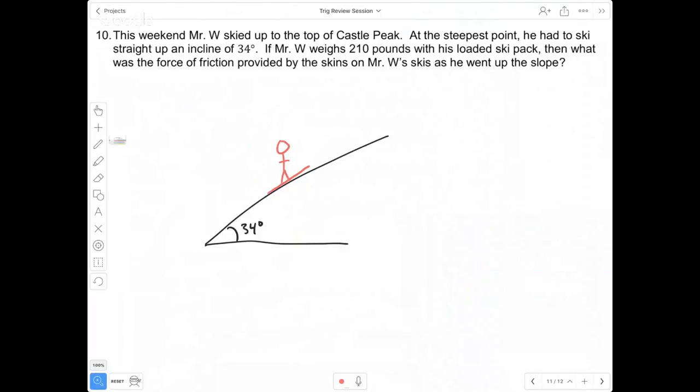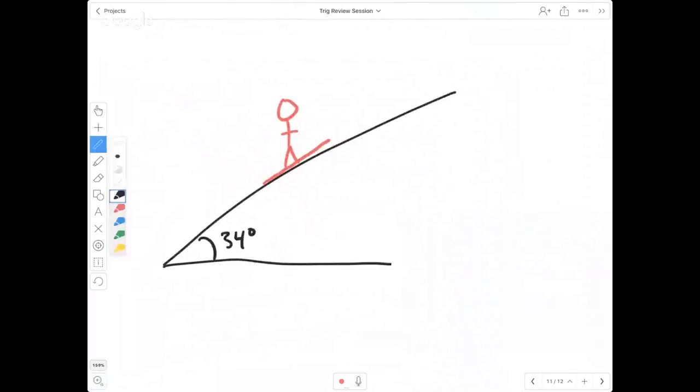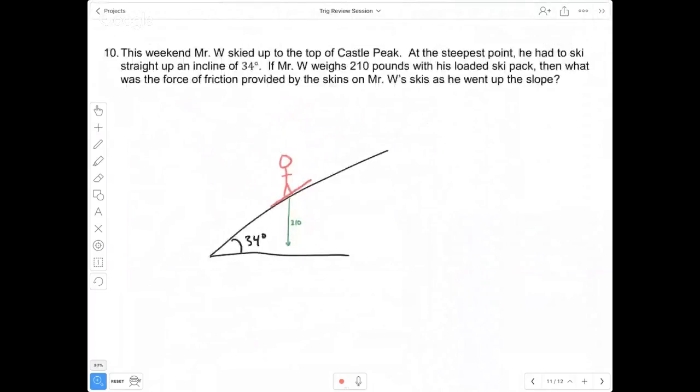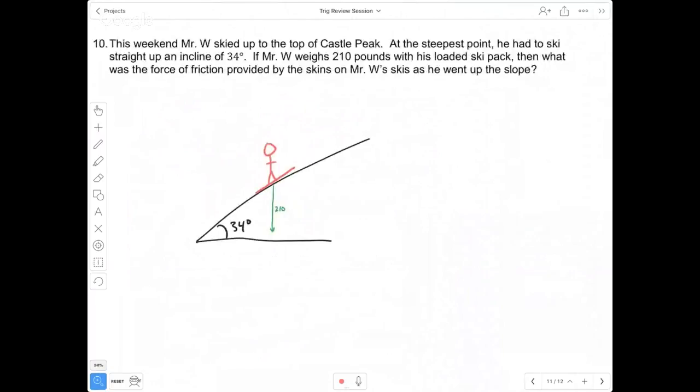My force due to gravity pulling straight down is 210 pounds. But we want to decompose that into a portion of the force that's directly normal to the slope of the hill, and the portion of the force that is going to have to be held up by friction, which is provided by the skins of my skis.